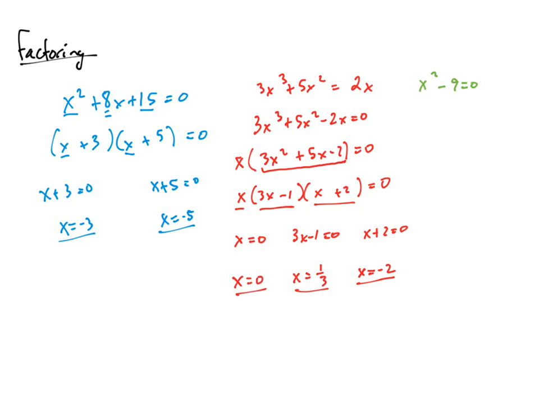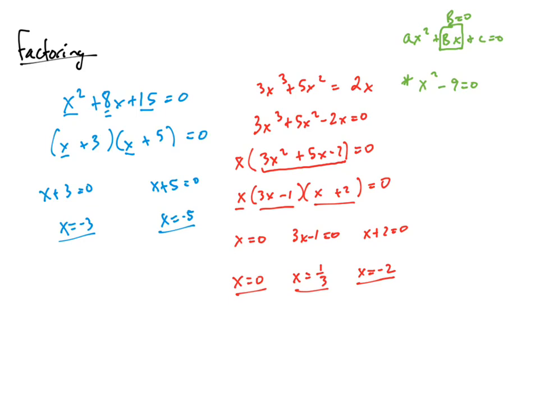Lastly, let's look at x squared minus 9 is equal to 0. This is in a different form. We only have 2 terms. When we look back at the general form, here the term b is equal to 0. So we only have an a term and a c term.